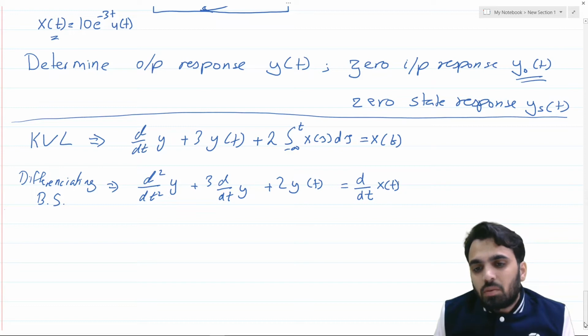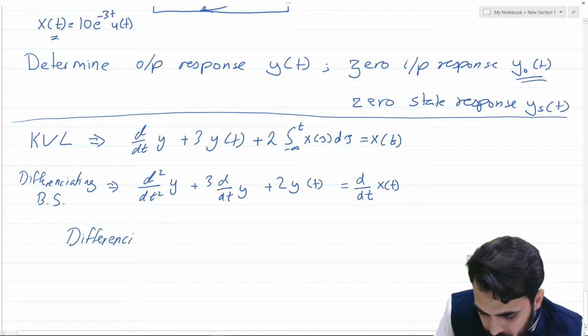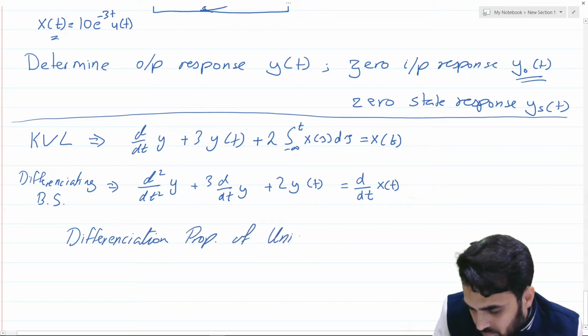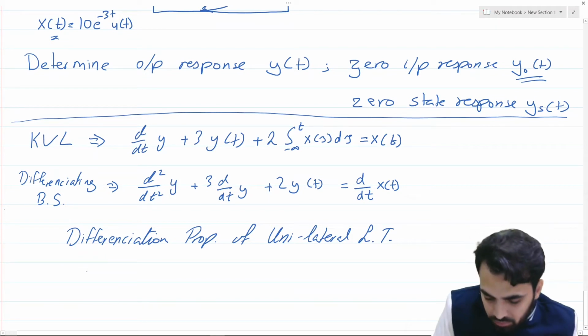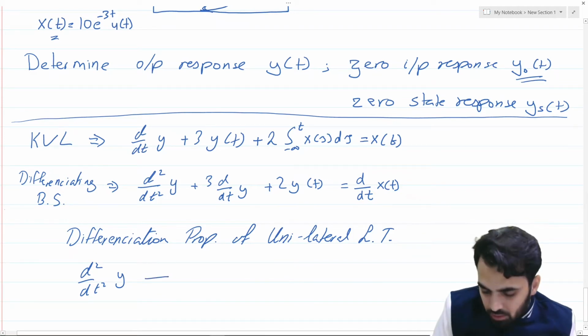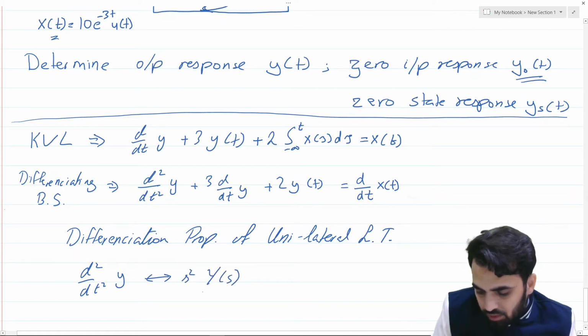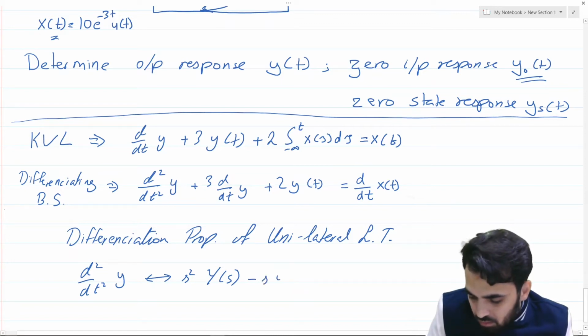Now from the differential property of a unilateral Laplace transform, the second differential of y of t has a Laplace transform, which is s square y of s minus the initial conditions, which are s y of 0 minus and its derivative.